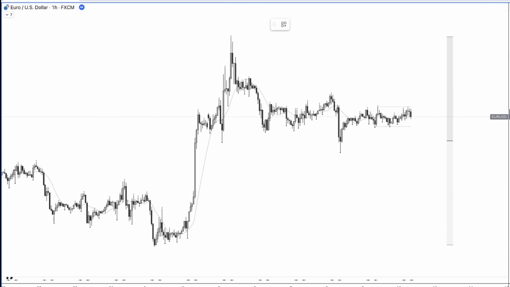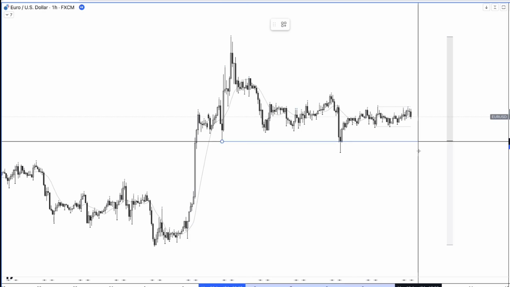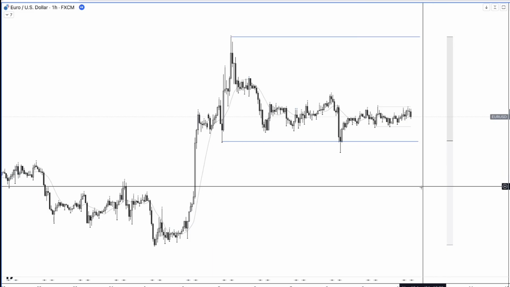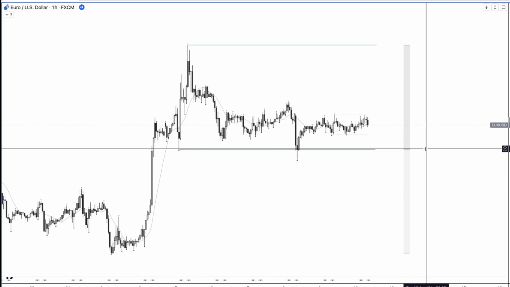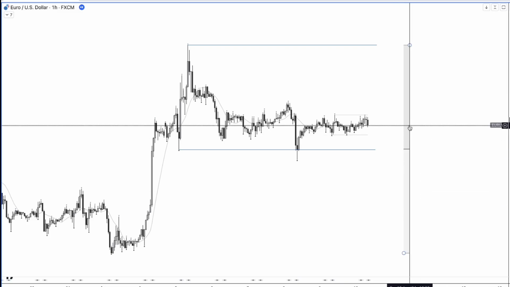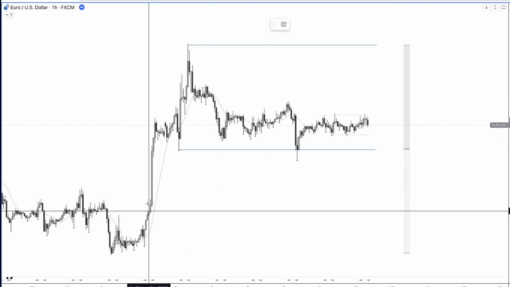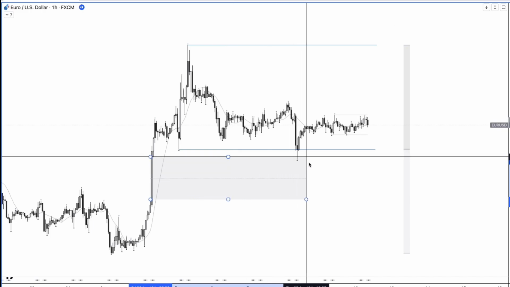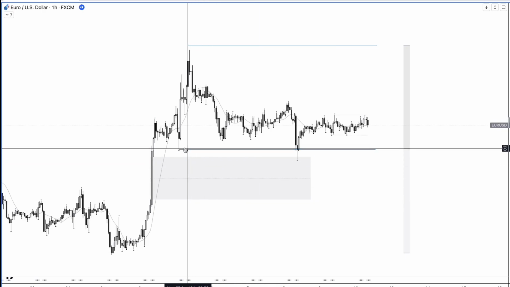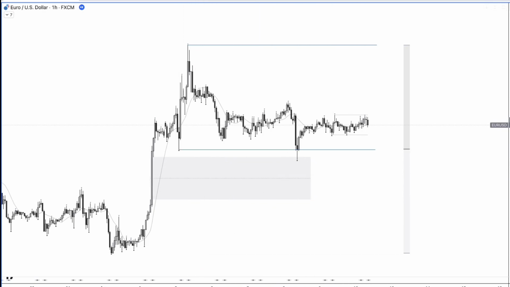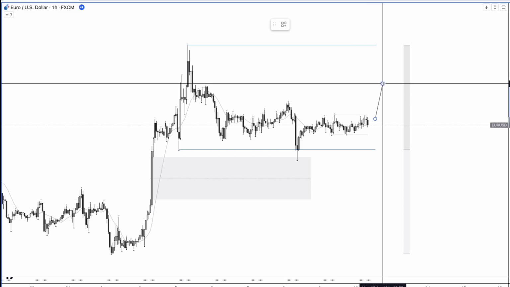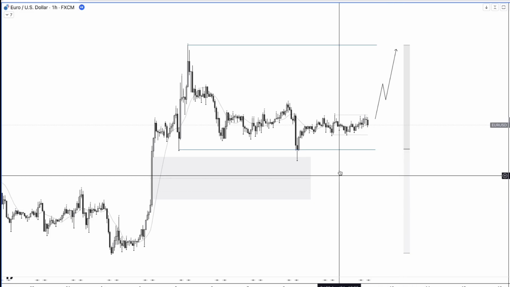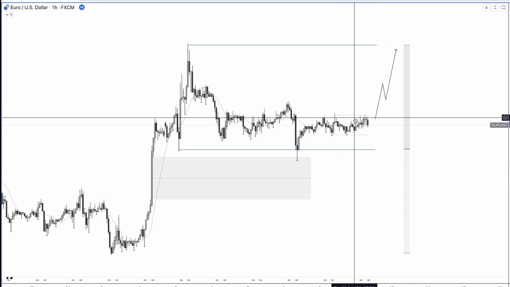For example, if I mark out this area here, and this area here, you can see how we had pretty much tapped into this lower quartile of the 50% discounted area, and price was tapping into this displacement here, and then you had a sweep of Monday's low, and we were looking to push higher. So yes, we were looking for some setups here to potentially go lower.